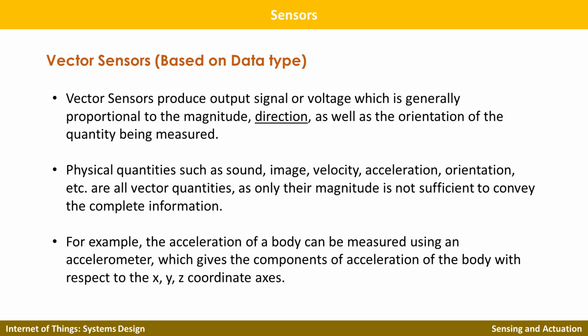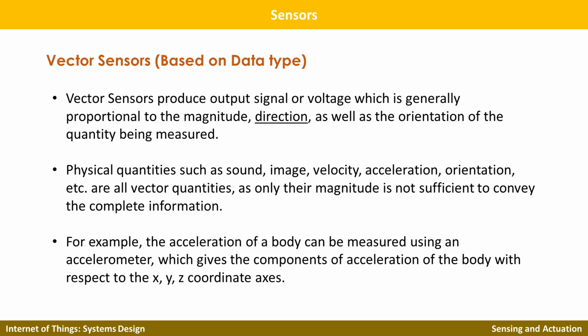The final class we want to look at is the vector sensors, which are classified based on the data type. Vector sensors produce an output signal or voltage, which is generally proportional to the magnitude as well as the direction and the orientation of the quantity being measured. For example, physical quantities such as sound, image, velocity, acceleration, orientation are all vector quantities.